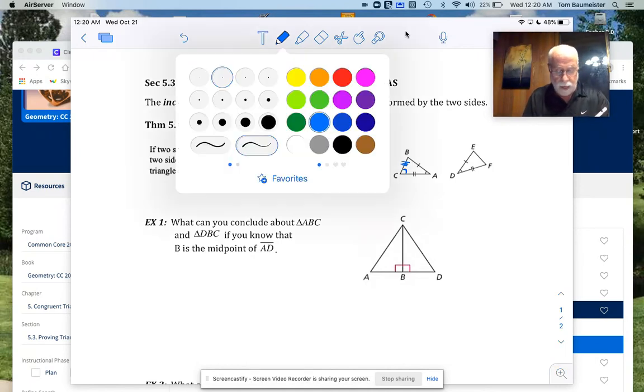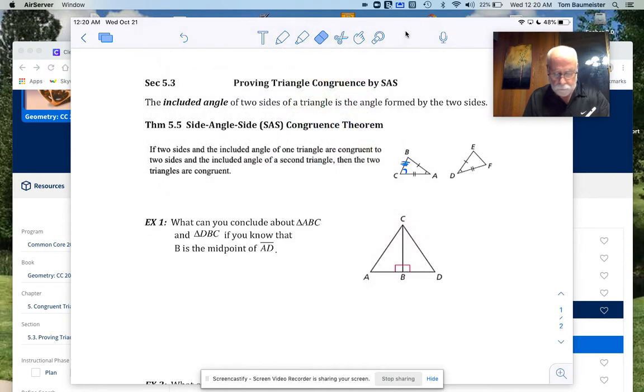So the one that we have is angle A, included from AB and AC, and angle D, included in DE and EF. The theorem tells us that if two sides and the included angle of one triangle are congruent to two sides and the included angle of a second triangle, then the two triangles are congruent.